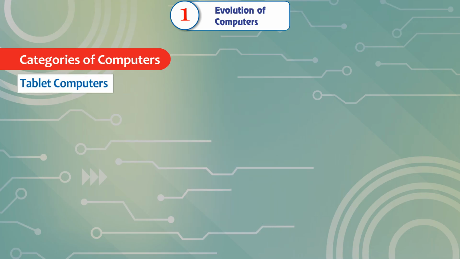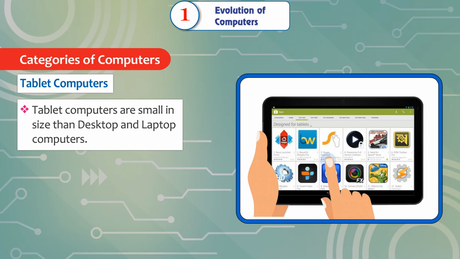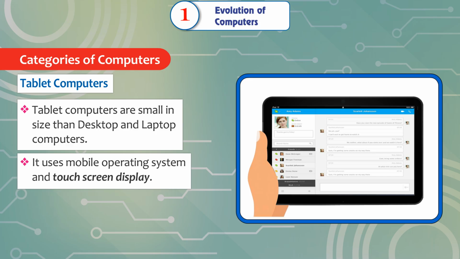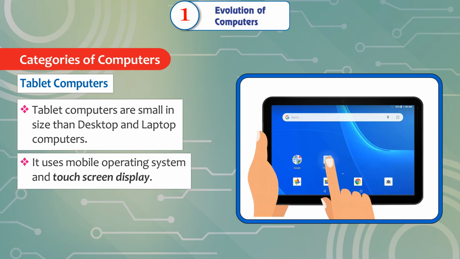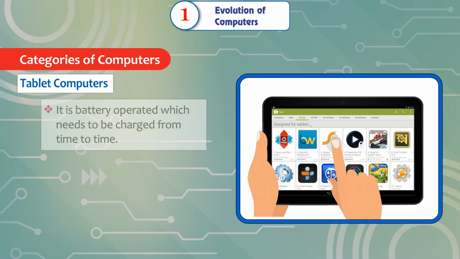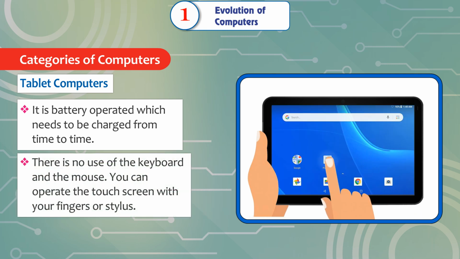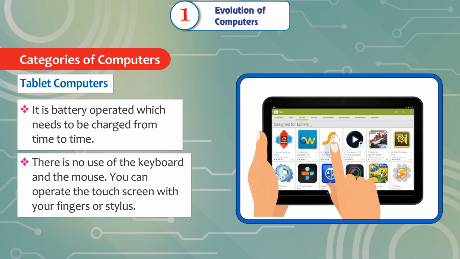Tablet computers. Tablet computers are smaller in size than desktop and laptop computers. It uses a mobile operating system and touchscreen display. It is battery operated, which needs to be charged from time to time. There is no use of the keyboard and the mouse.